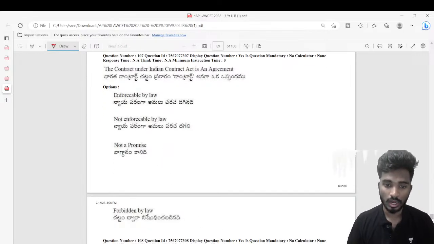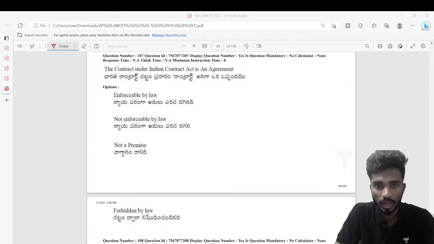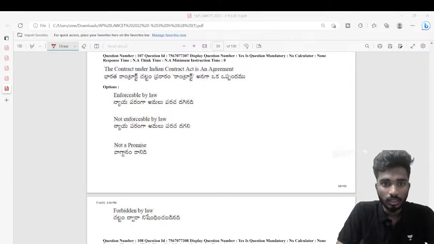Next. Under the Indian Contract Act, an agreement dash is an agreement. The contract under the Indian Contract Act is an agreement, enforceable by law, not enforceable by law, not a promise, forbidden by law. What is your answer?